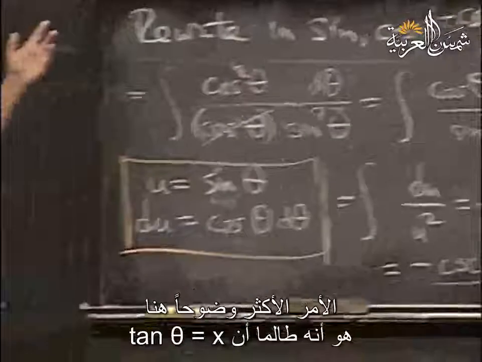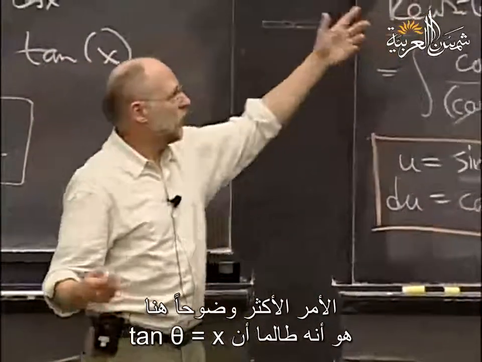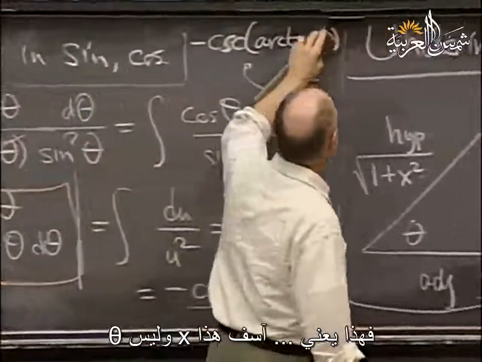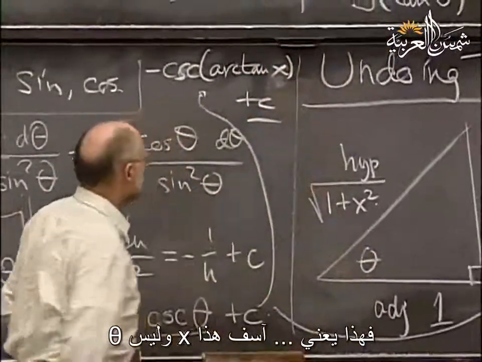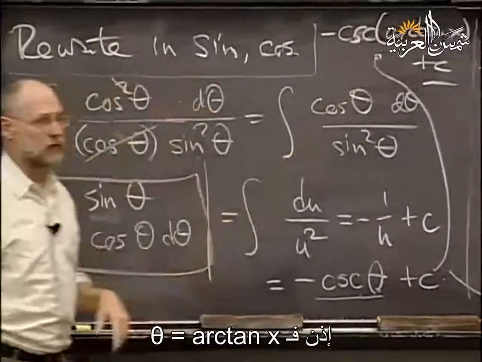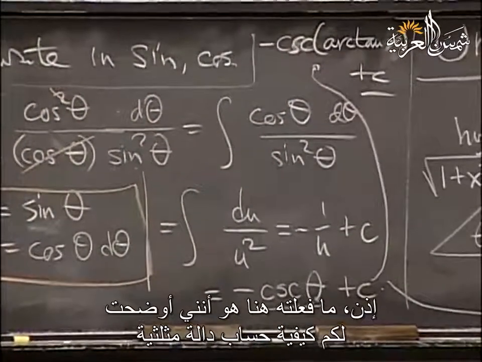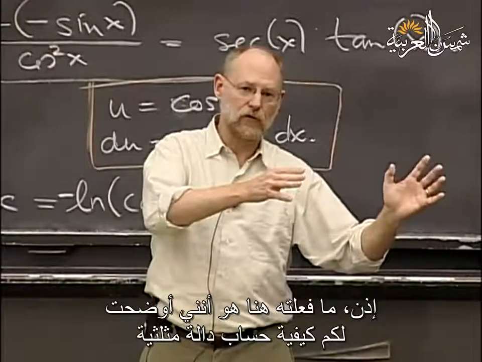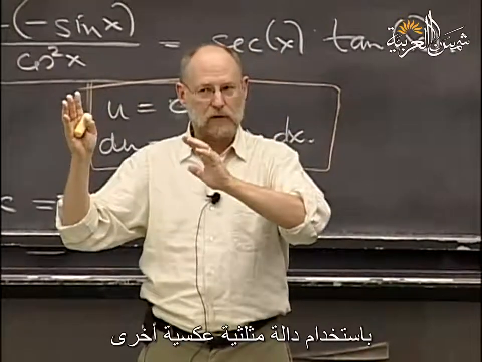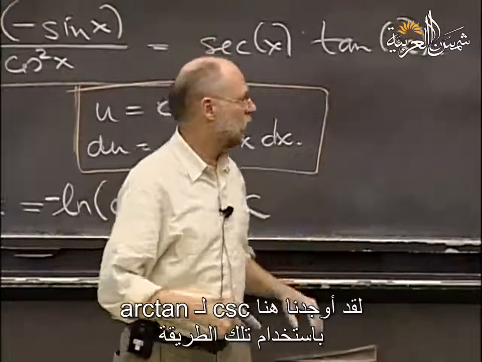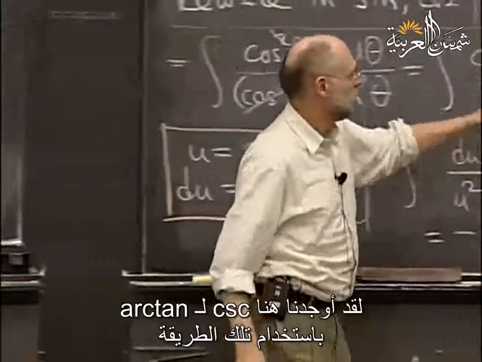The most straightforward thing you can do is to say, since x is the tangent of theta, that means that theta is the arctangent of x. And so let's just put in theta as the arctangent of x, and that's what you get. So really what I just did for you was to show you a way to compute some trig function applied to the inverse of another trig function, right? I computed cosecant of the arctangent by this trick.